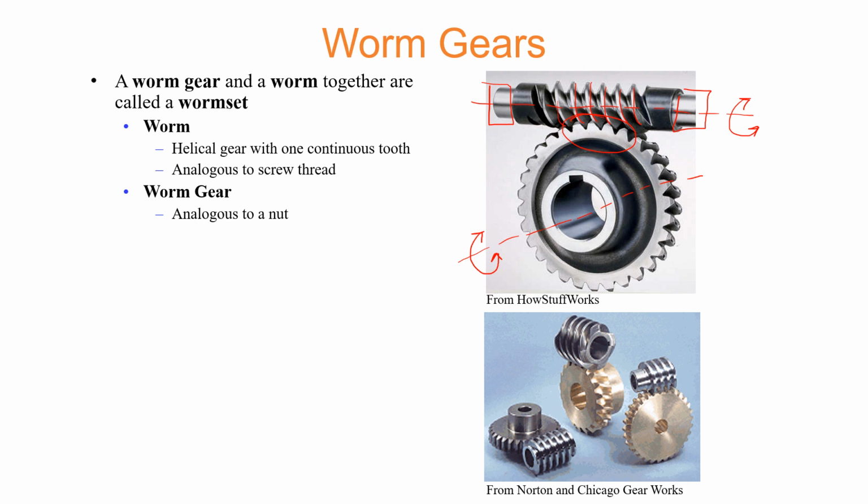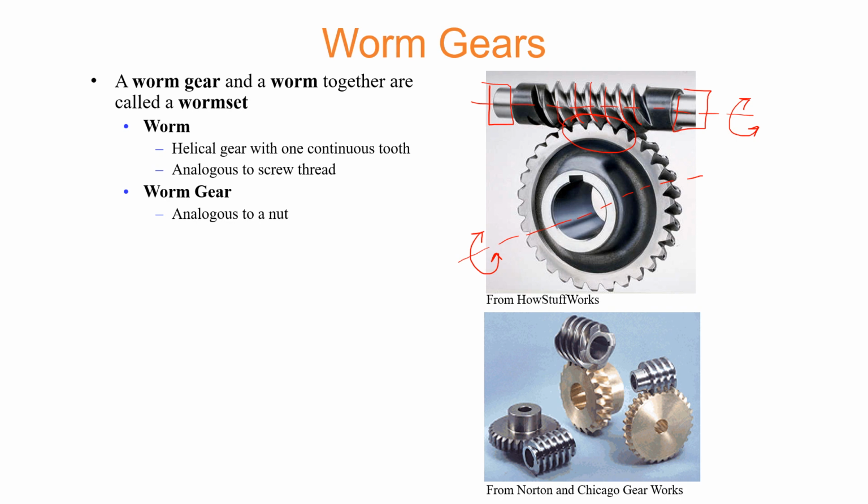So for that reason, you can see that not only are the worm gears going to allow you to have transmission of torques from the input side to the output side, and also the corresponding angular velocities, it is going to have a change of direction also imparted.